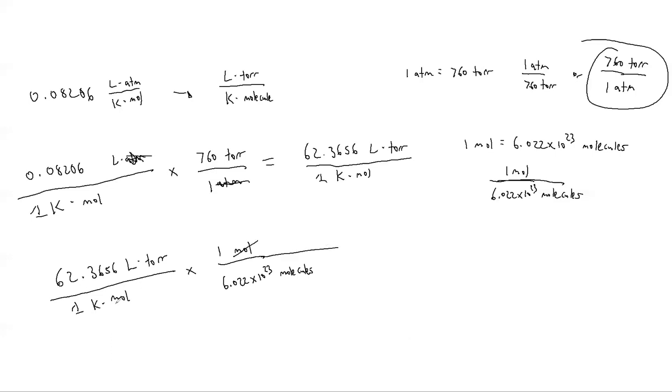Cancel out my moles, multiply my two numbers, and I get 1.04 times 10 to the negative 22nd, a really small number. Multiply my units in the numerator, which looks like I just have liter and torr, and multiply my units in the denominator, which looks like I just have Kelvin and molecule.